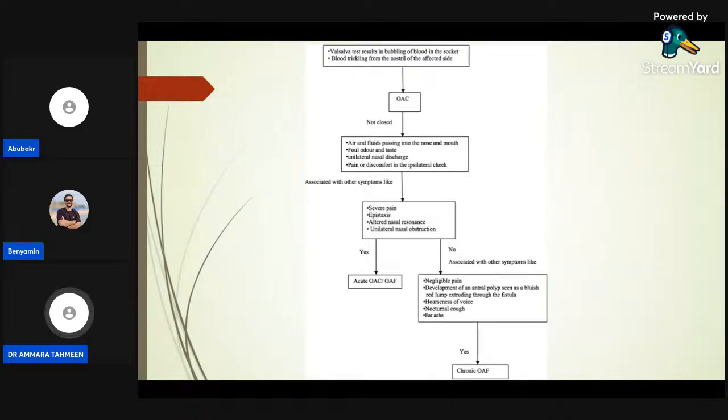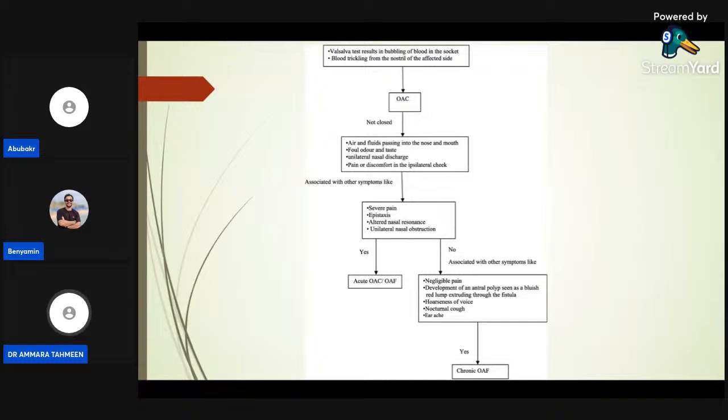Because of the chronic nature, there will be low grade inflammation. Because of that, the patient will not feel any pain, or there will be very mild pain which the patient can tolerate. Because of low grade, slow inflammation, your sinus membrane will start thickening.